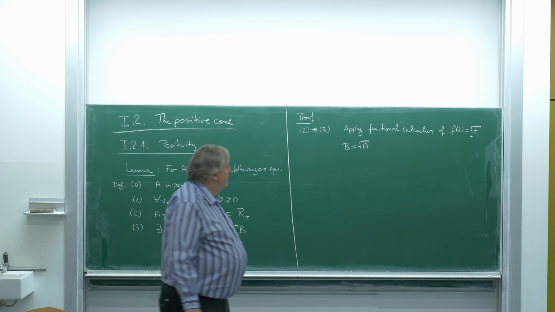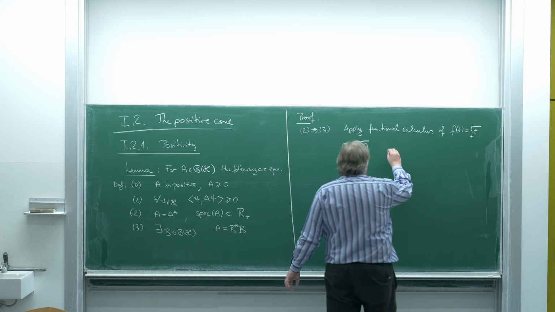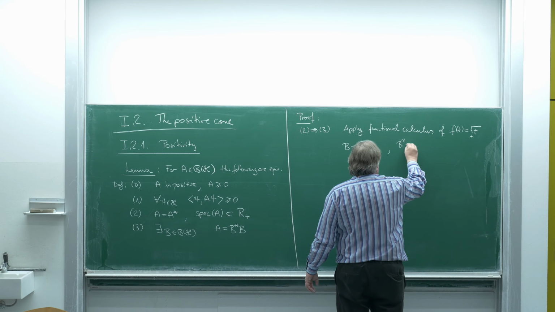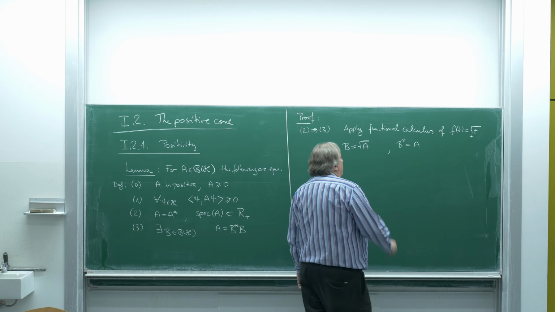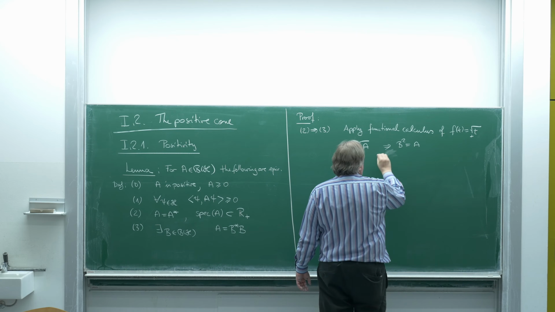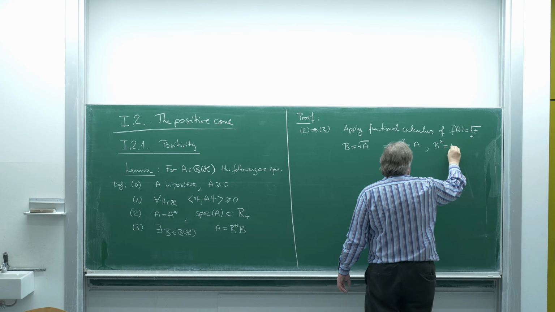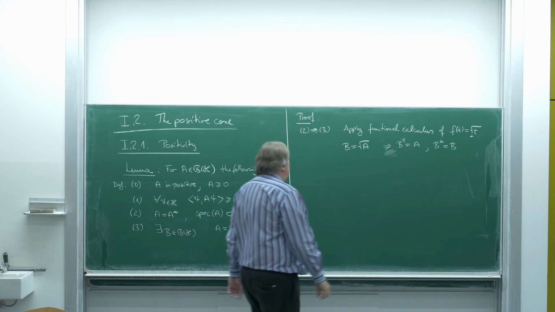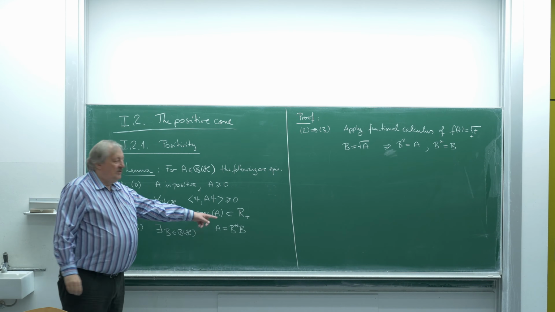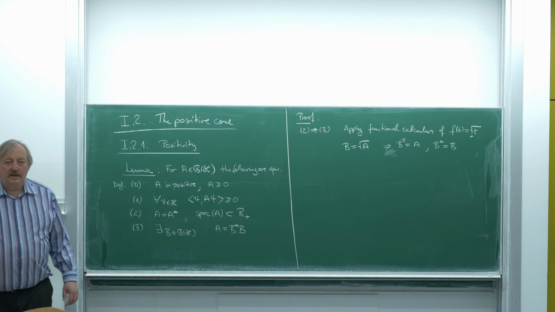And that is our definition of B. And then, just by the properties of the functional calculus, we have that B squared is A, and also, because this is a real function, that B star is equal to B, so indeed A is equal to B star B. Okay?